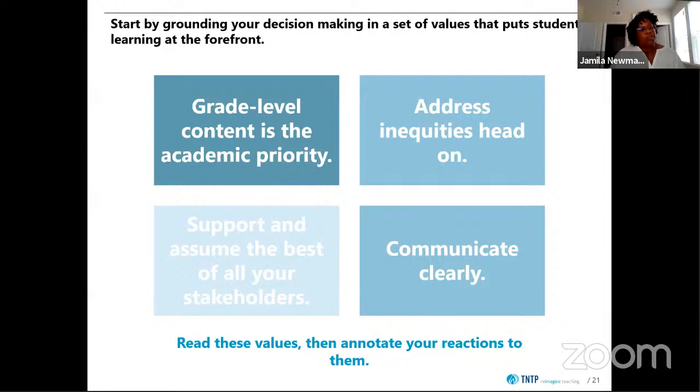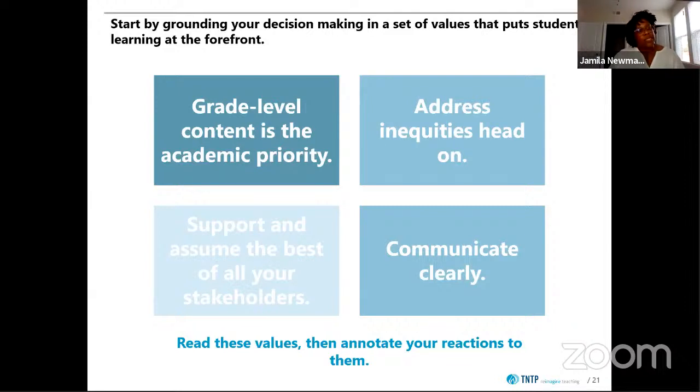The other thing that's really important is that you address inequities head on. When accelerating learning, we are particularly trying to get at this idea of equity for students. And one of the things that we think is a great equalizer is giving all students access to high quality materials, high quality content, and grade level content.